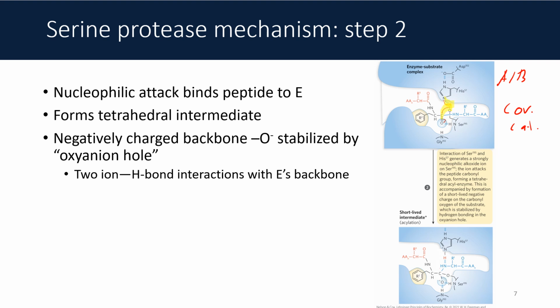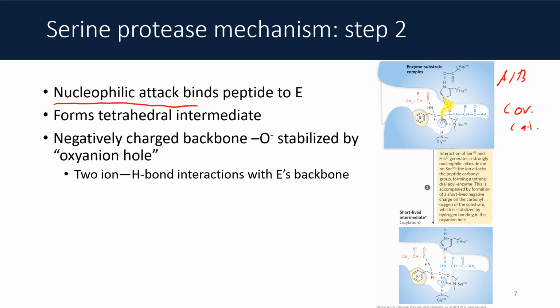This is essentially the beginnings of a nucleophilic substitution reaction. But remember, if we're building a bond between the serine oxygen and the substrate carbon, we're going to have to break another bond to make room for it. A carbon can only have a maximum of bond order 4 to it at any given time.